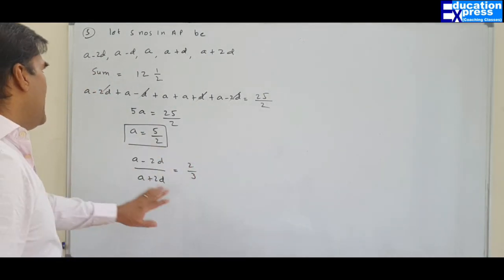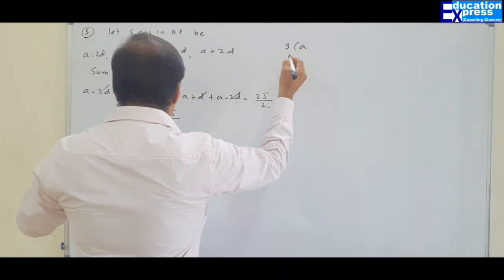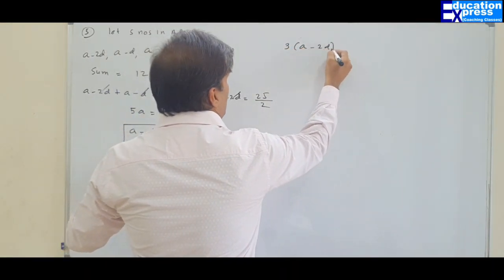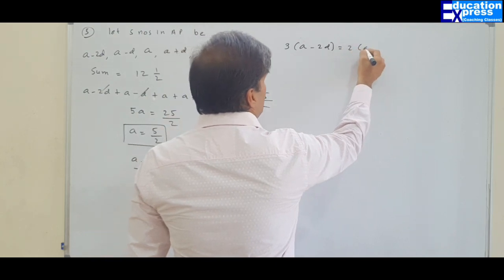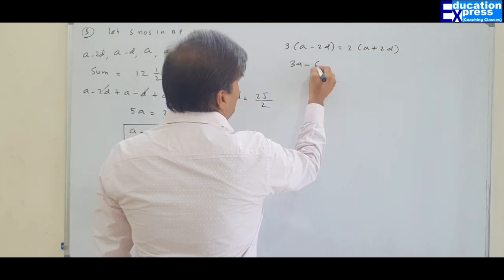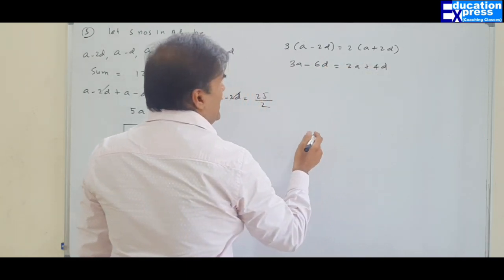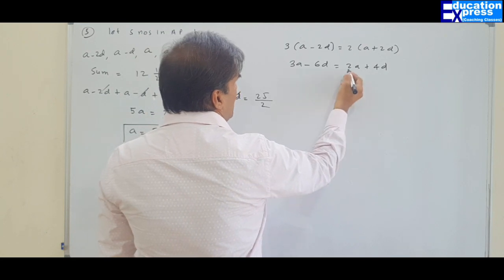Now supposing if I cross multiply, what do I get? So 3 times A minus 2D equals 2 times A plus 2D. 3A minus 6D equals 2A plus 4D. Let's bring all the A on one side and D on the other side.